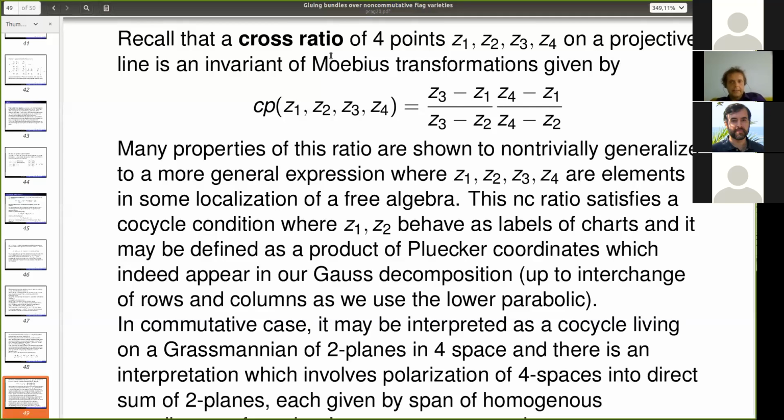And these neighborhoods will be indexed by a choice of a flag, so you don't take the canonical flag, 2 spaces in 4 spaces, but you take some other choice. And if you take 2 different choices and compare the transition function, you get a cross ratio. And I wanted to do the same here.